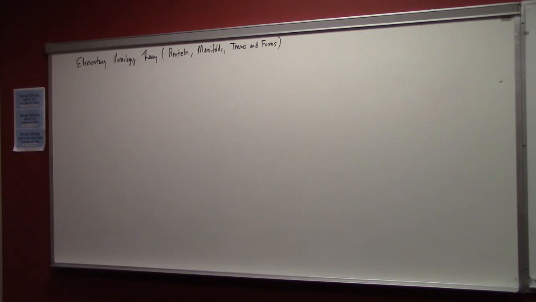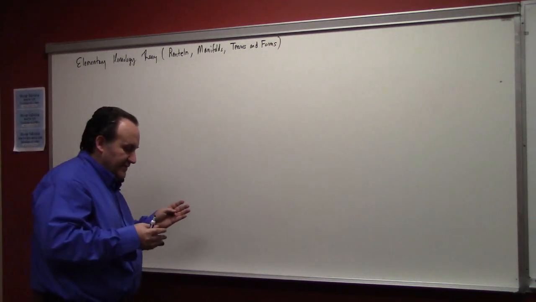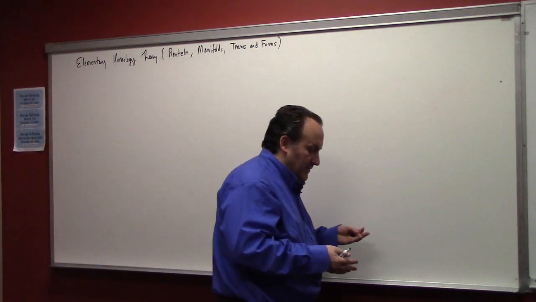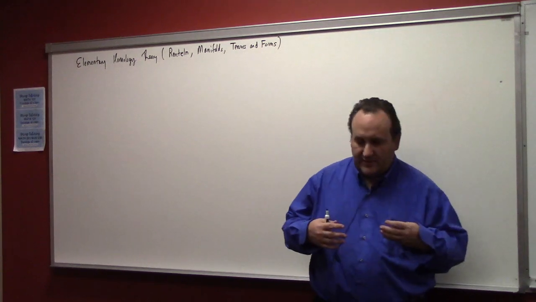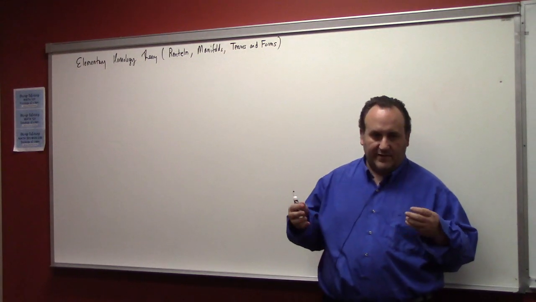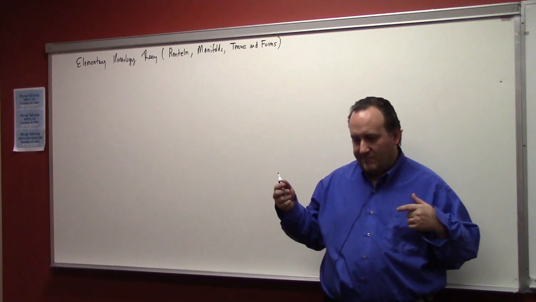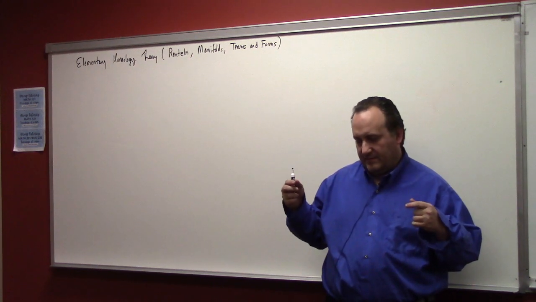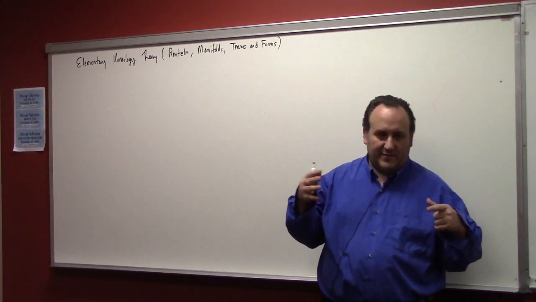But just to give you a quick overview of what we're about to do. The origins of topology really go back to Euler and others who were finding ways to count the number of faces and edges on a polyhedron.